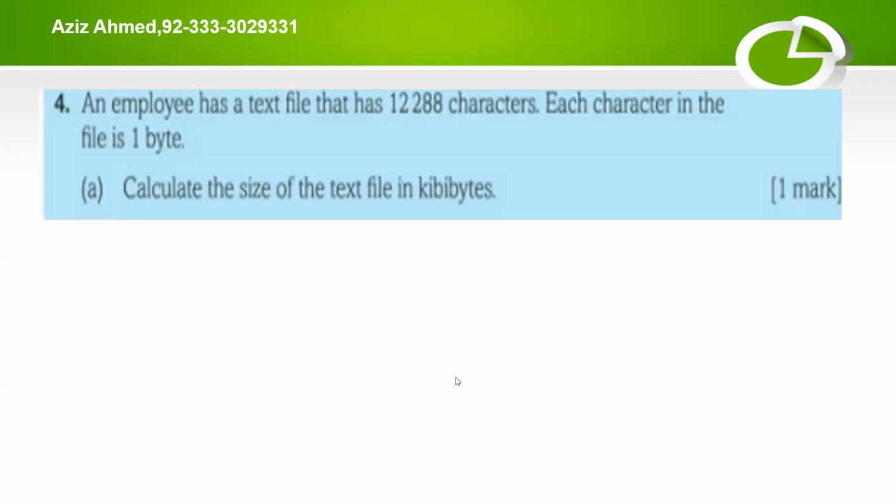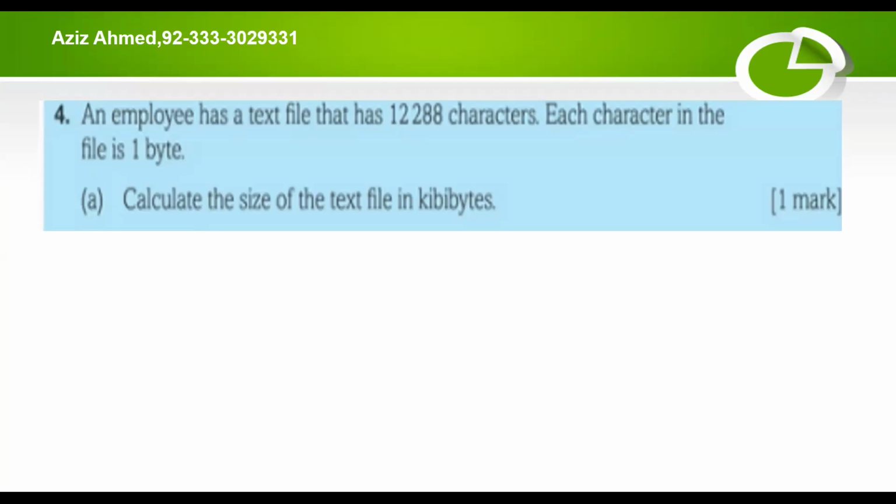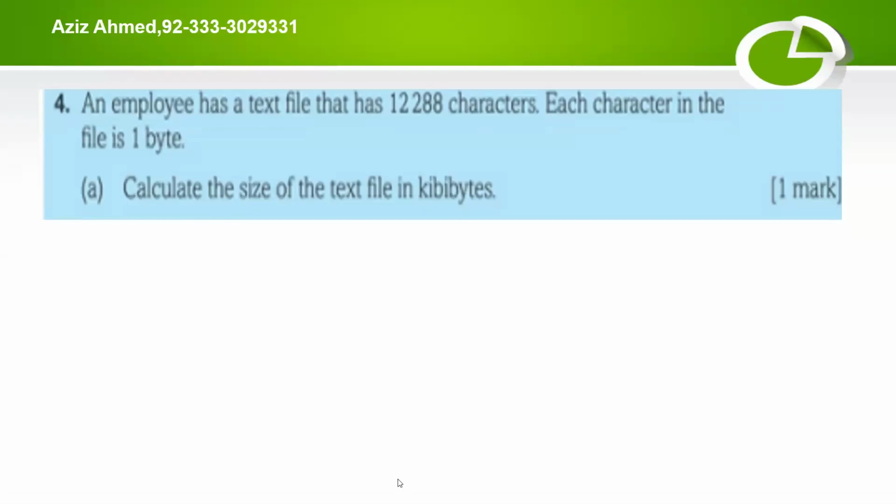Okay, now see this one. Try to do this one. This question is about storage. Can you calculate? I will try.